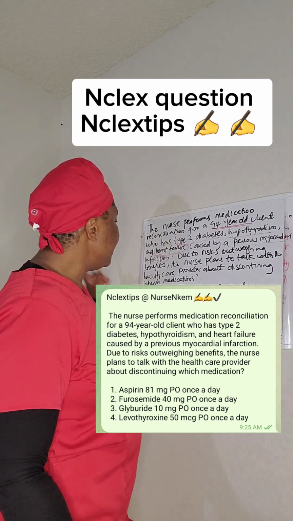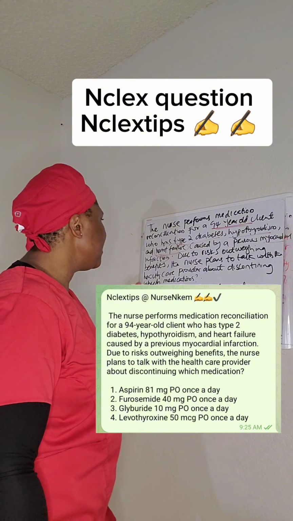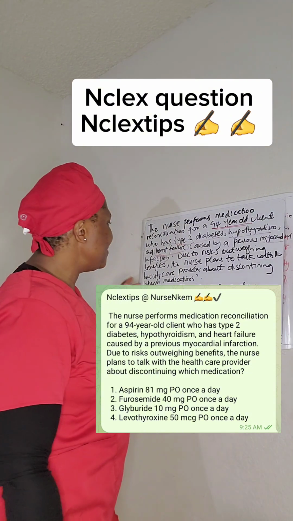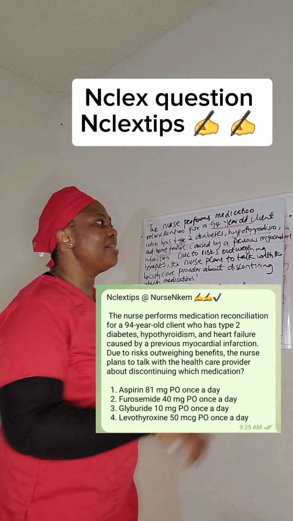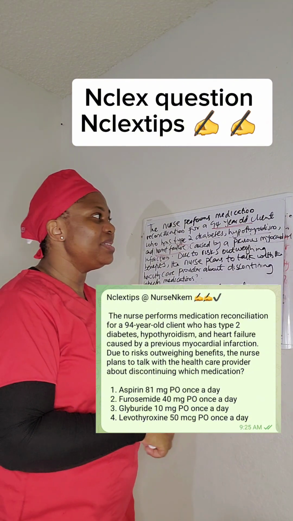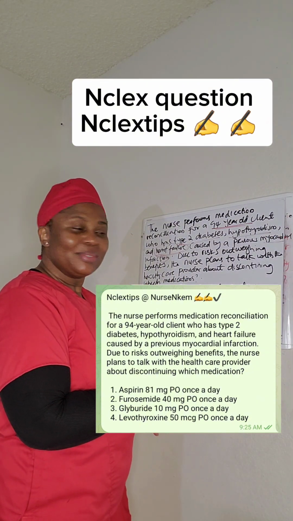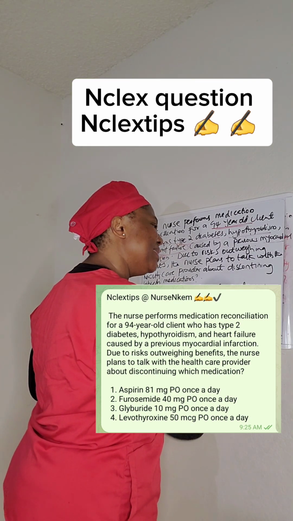You see, this patient needs number 2 medication. So let's go to number 1, aspirin. You know what aspirin is? Aspirin does a lot of things, and remember, this patient has already had a myocardial infarction. So this patient is prone to blood clots. So we are not going to eliminate this. This patient needs this medication, right?